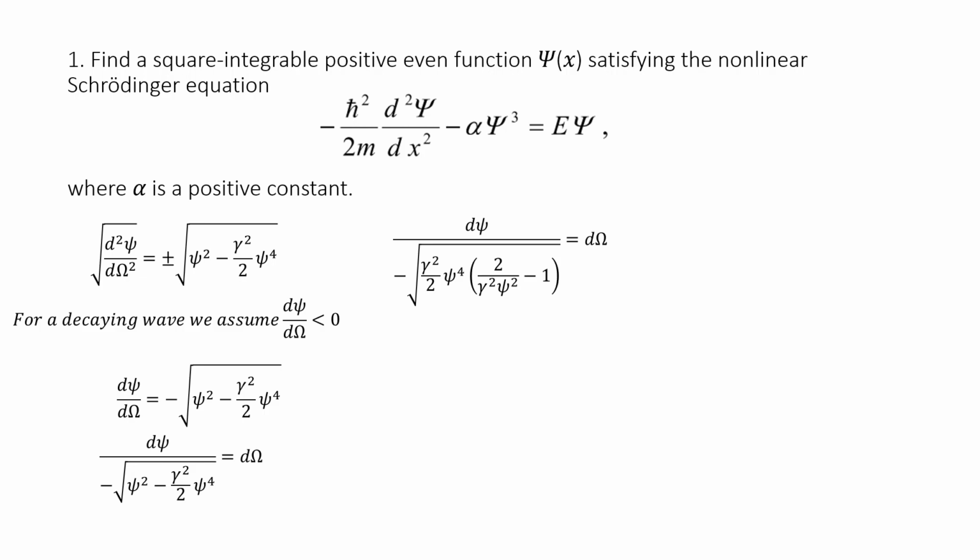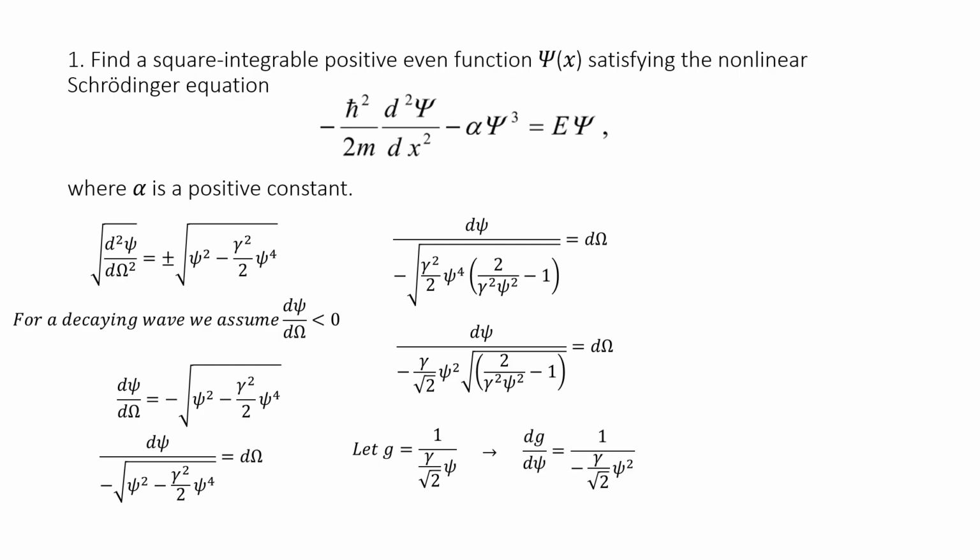Now here we take a factor of gamma squared over 2 phi to the 4 out of our bracket that is inside of our square root, as we can take this completely out of the square root. Now if we let g equal 1 over gamma over root 2 phi, dg over d phi is 1 over minus gamma over root 2 phi squared, which is exactly what we have at the front.